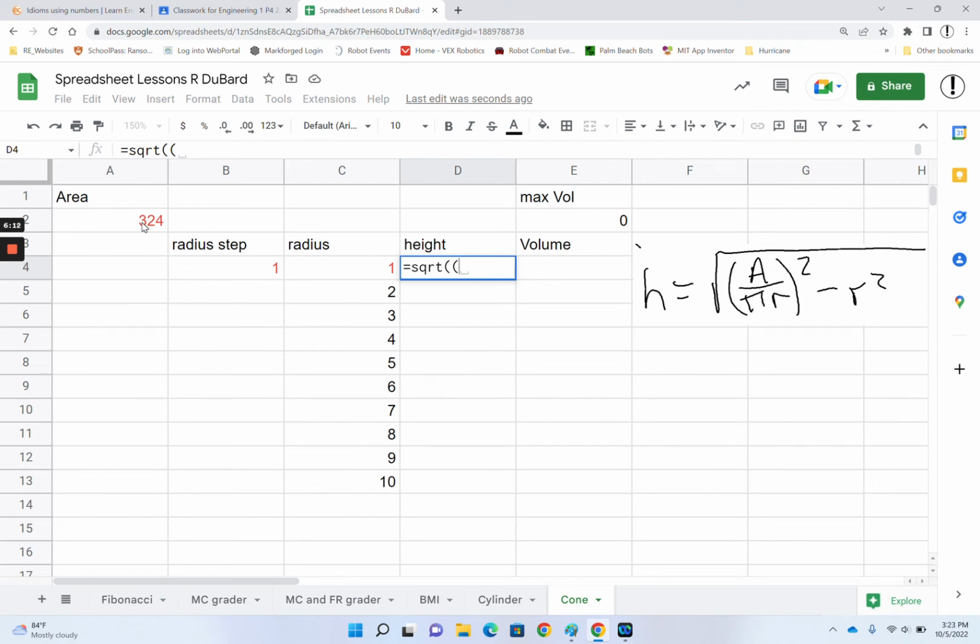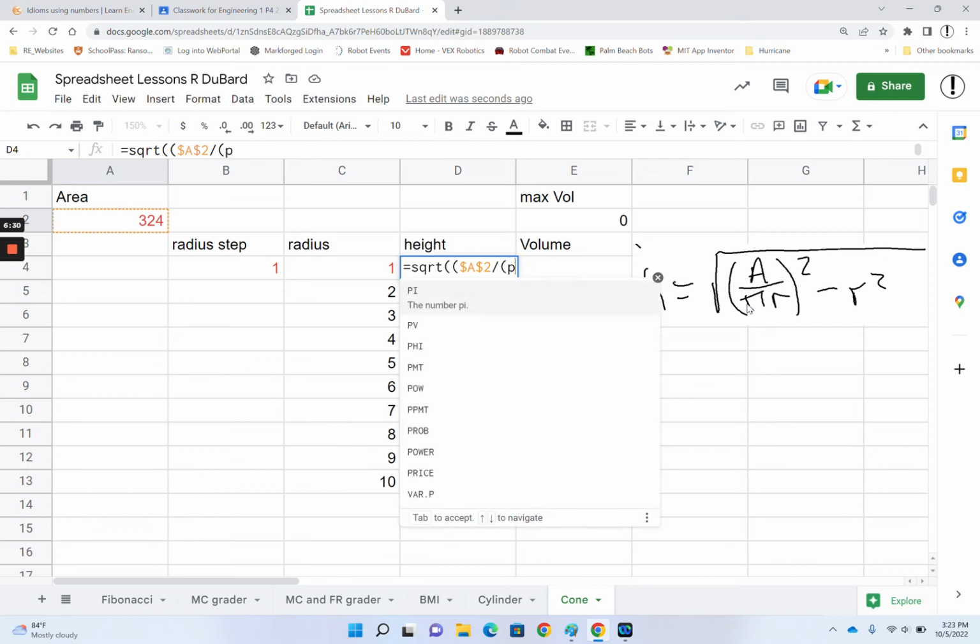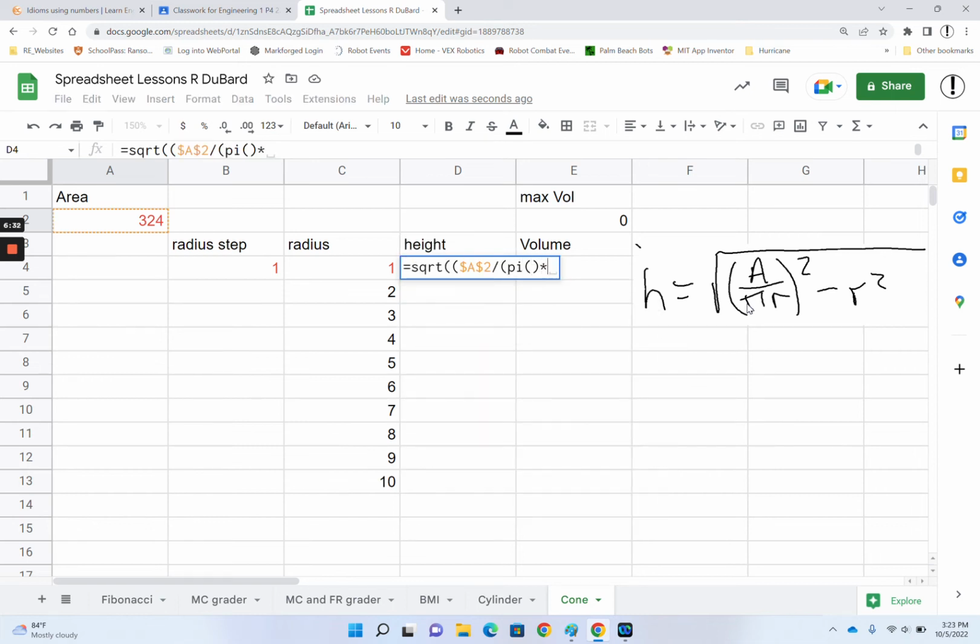It's going to be our area, which, by the way, we were going to want to put dollar signs in. So function F4 there. Okay. And then we're going to divide that. And remember, in Excel, it's a good idea to put parentheses around your denominator. So I'm actually going to put parentheses here. Pi times r, that's that radius.